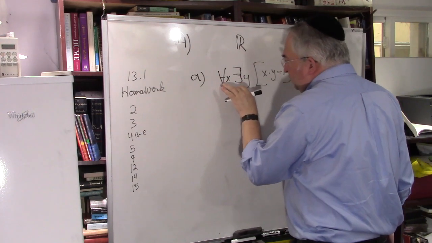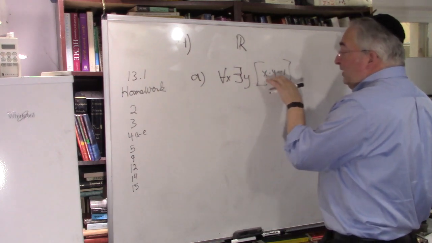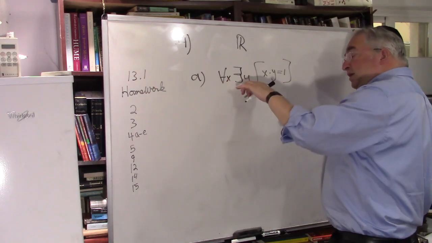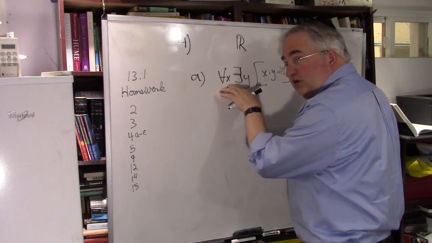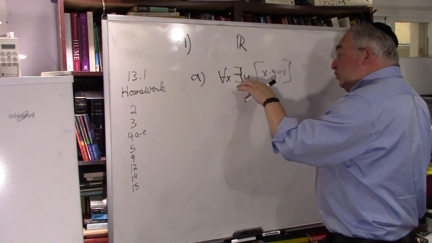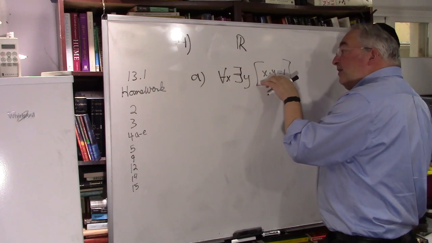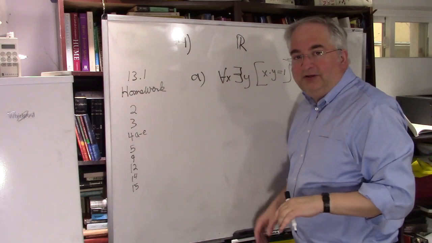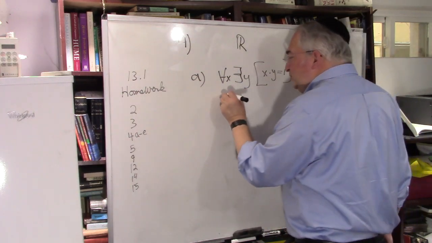Take any number whatsoever. There is a number such that when you multiply it, you get 1. So take the number 3. There's 1/3. 3 times 1/3 is 1. Take the number 506. Take the number 1 over 506. 506 times 1 over 506 is equal to 1. So it works a lot. But there's one number where it doesn't work. Ready? Take the number 0.